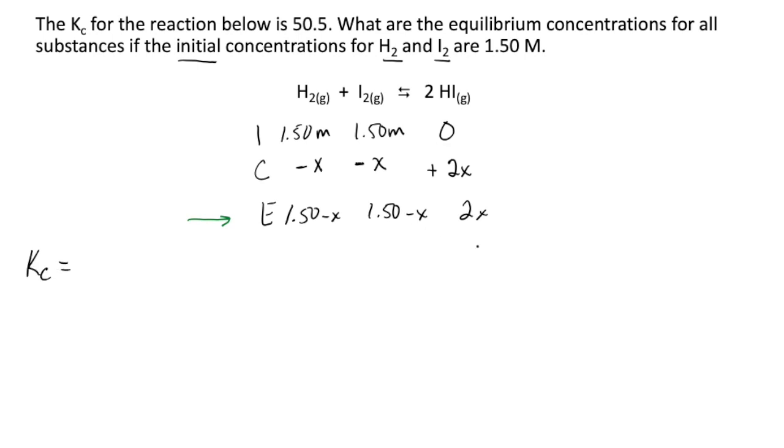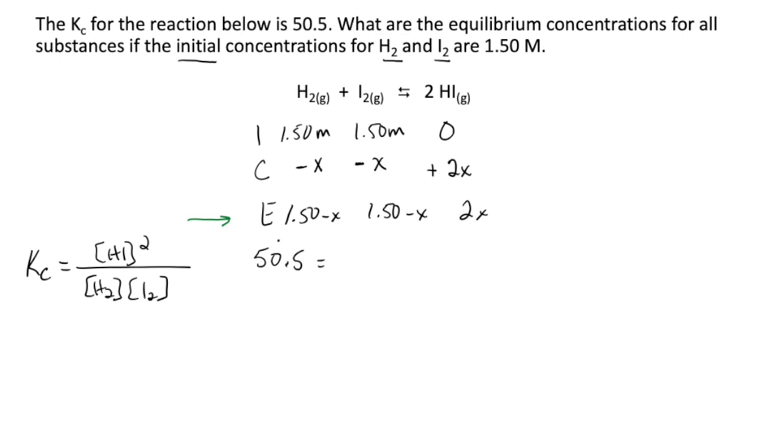So Kc equals the concentration of HI squared over the concentration of H2 and I2. Now we plug in our values. We're given a value of Kc to be 50.5.